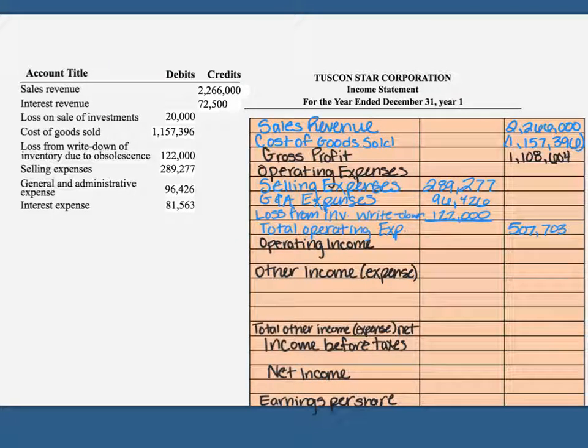With that, we can then take our gross profit and subtract our total operating expenses, and that will give us operating income. That's going to be $600,901.